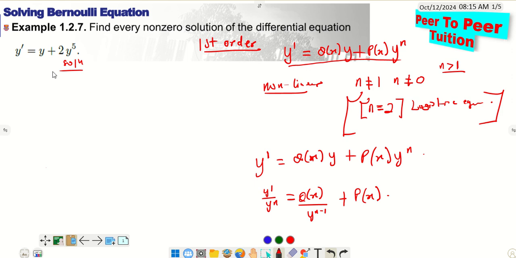So I can simplify this equation as y prime divided by y to the power 5. The n is 5 here. So it should be equal to y divided by y to the 5 minus 1.